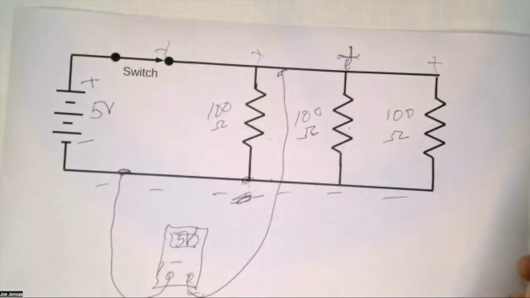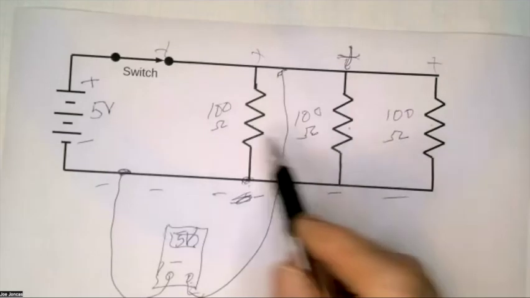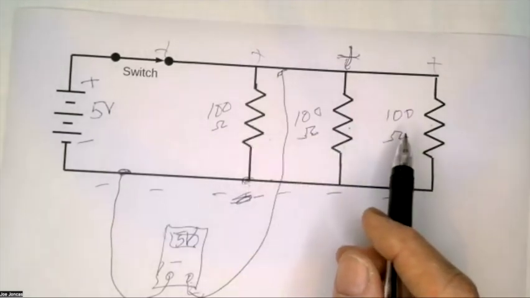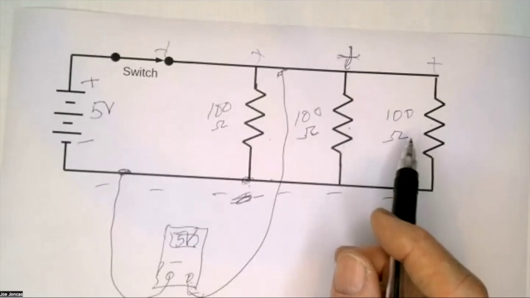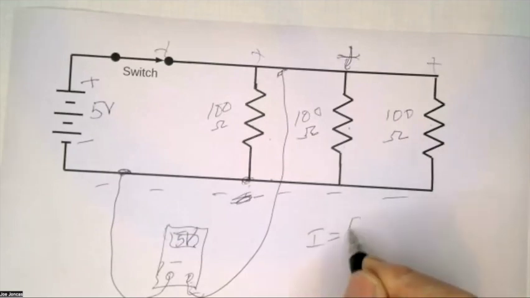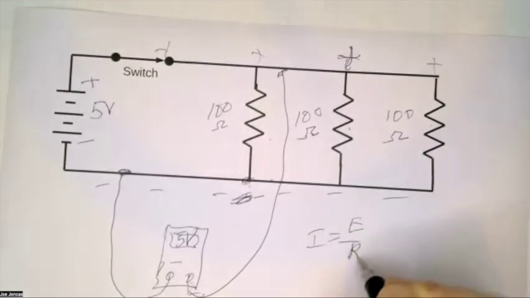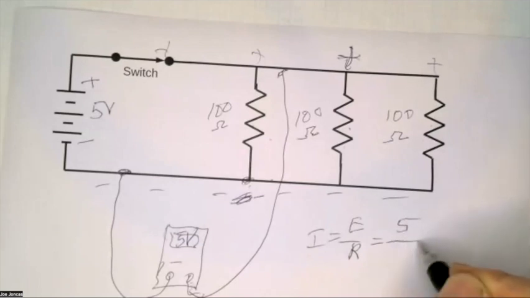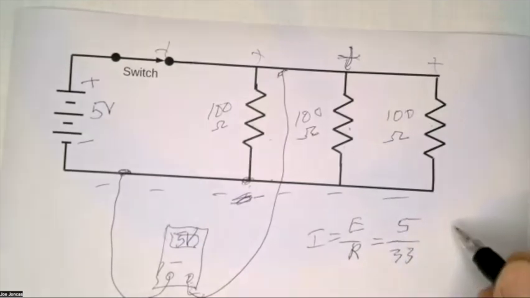Somebody want to tell me? It's 150 milliamps. No. I equals E over R. In this case, E is 5 and R is 33.